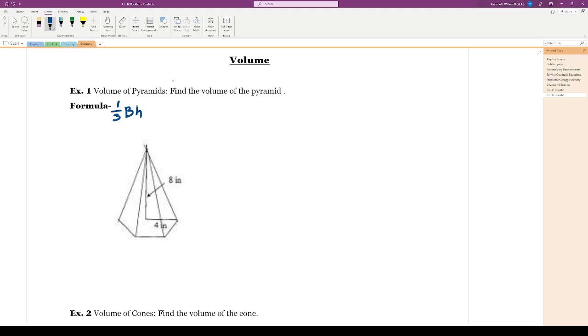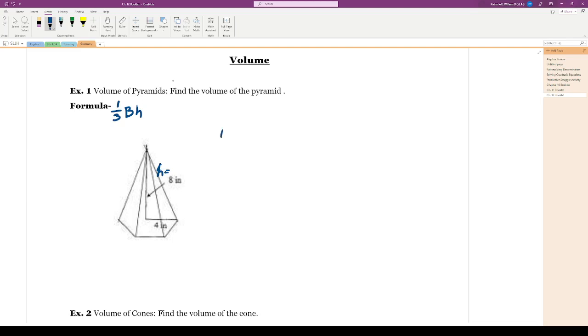So the one new thing here again is that we now know how to find regular polygon areas, so you may have to bring that into play. It actually looks like we might need that here. So we know our height is 8 inches for this hexagonal pyramid.